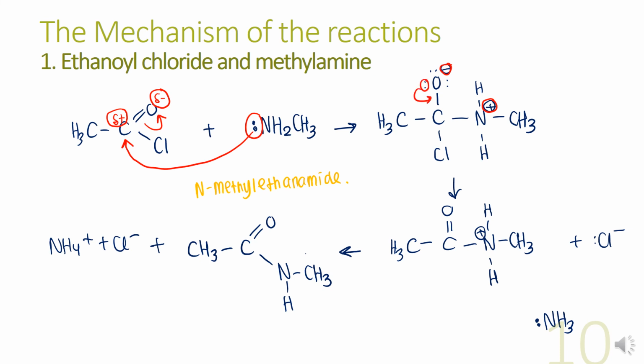And then forming the oxide ion and the N with the positive charge, and then the lone pair will go down, and the chloride will be expelled, forming the second intermediate product. And then again this ammonia, or actually our reagent itself, NH2CH3, can grab the proton. Okay, so either this or this, right?